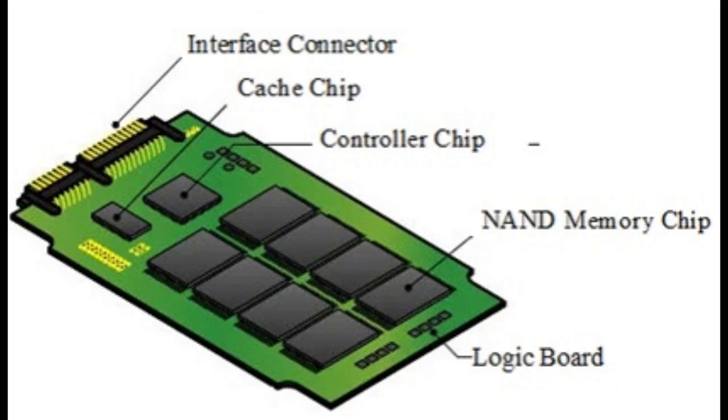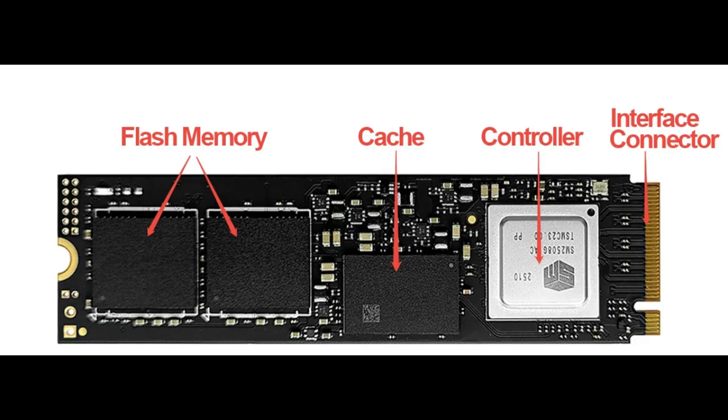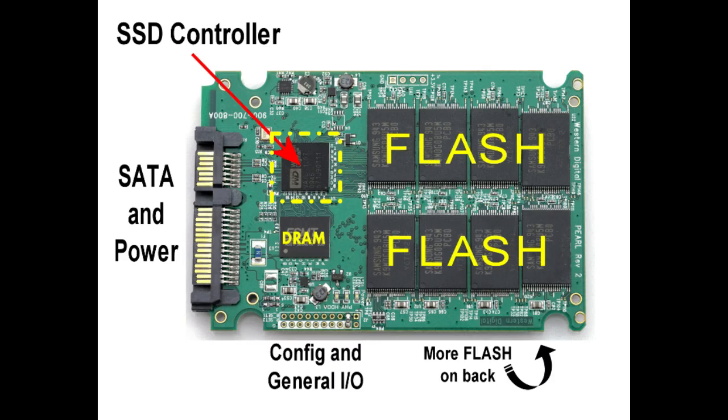Those trapped charges represent binary data. Because SSDs have no moving parts, they're significantly faster and more reliable than older storage technologies. Major manufacturers include companies like Samsung Electronics or Western Digital, just to name a few.